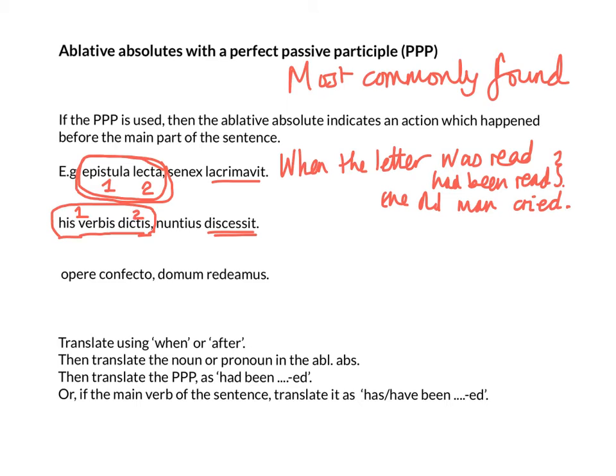So it's another time I'm probably going to say when something was done or when something had been done. Well, his verbis means these words. Let's get our when down first. When these words had been said, the messenger departed.